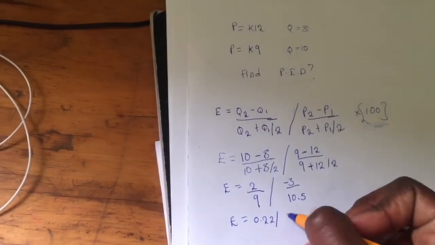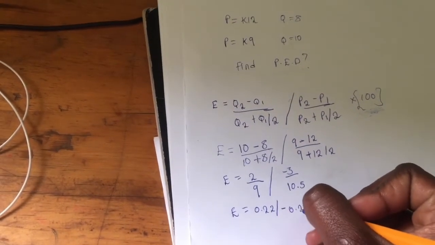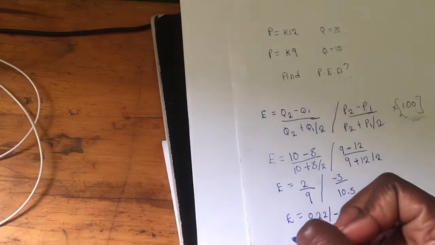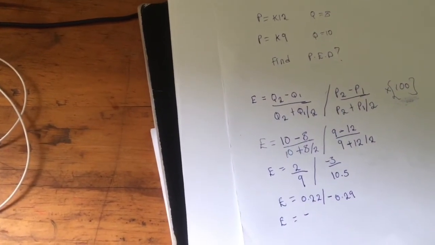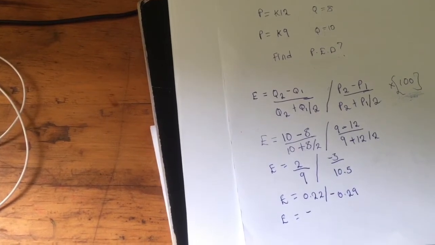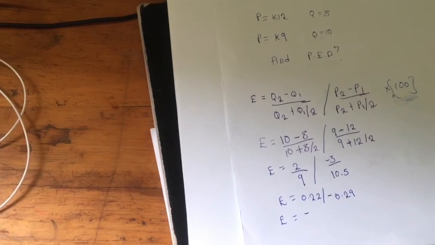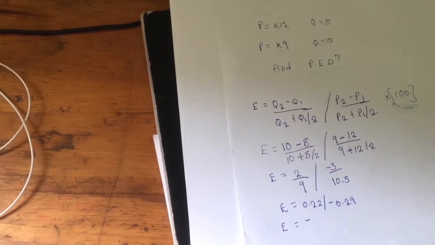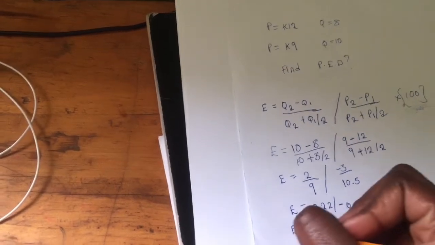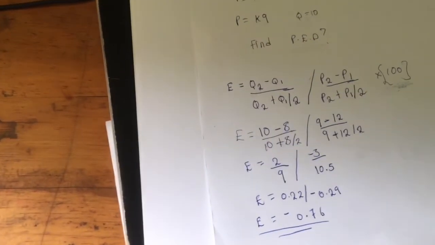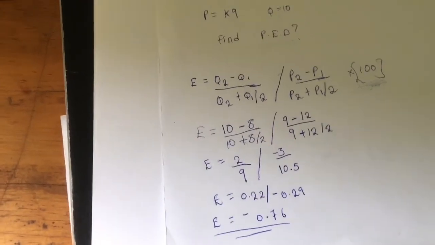Don't forget the negative because the 3 is negative, so negative 0.29. Then 0.22 divided by 0.29 is 0.758. I'll round it off to 0.76. So this is our elasticity, and this is how we calculate the price elasticity of demand.